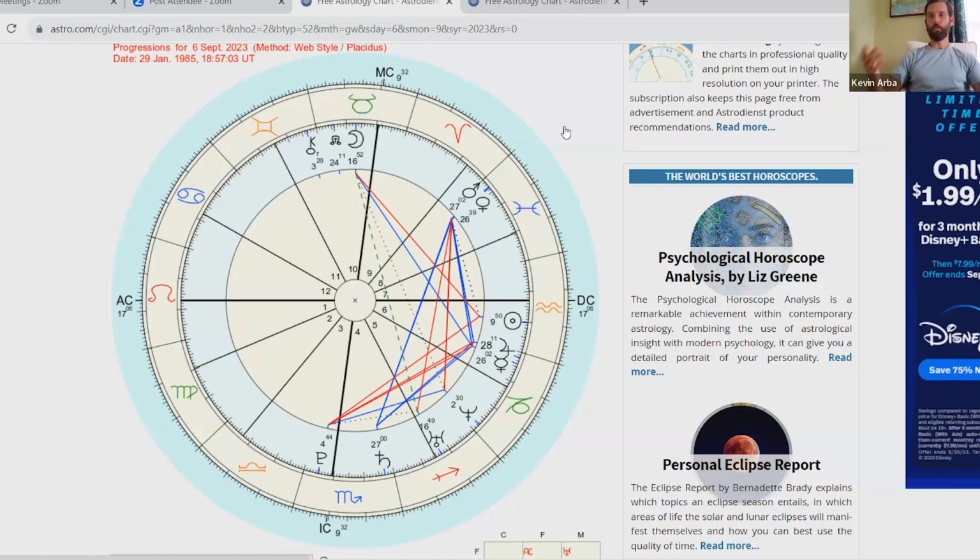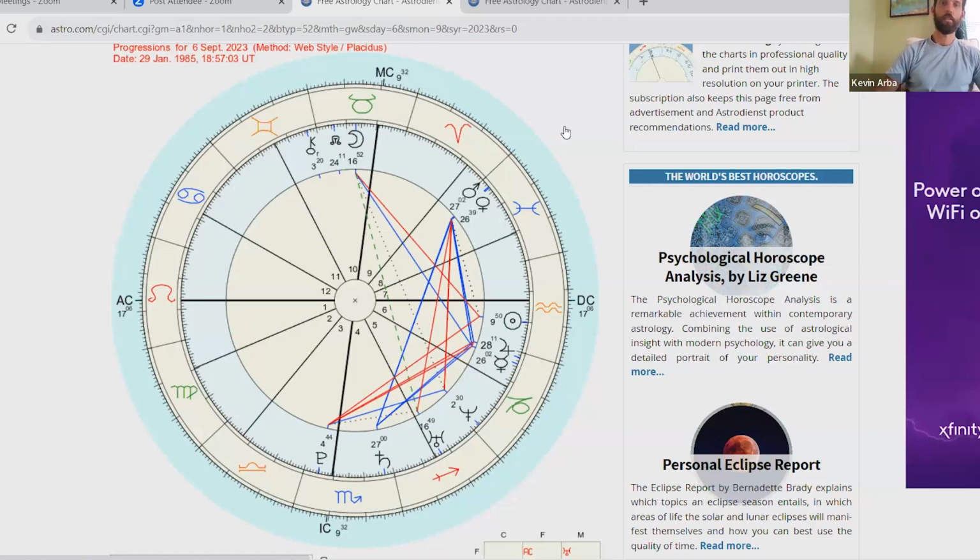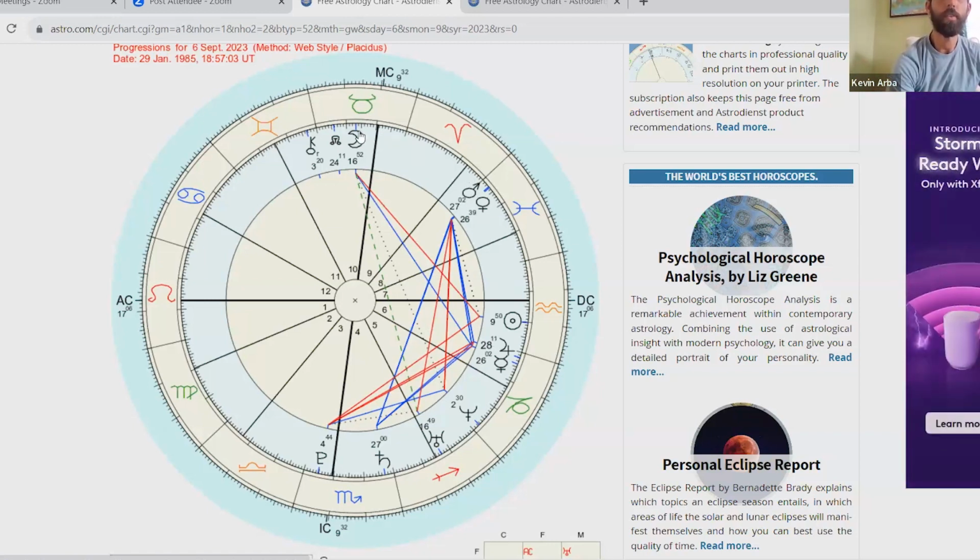And so just looking at the transits would be significant, but then you add 4 progressed planets as well, or you could even include my progressed Saturn, as well as the progressed moon, all making contact with what would make a trapezoid-like shape.